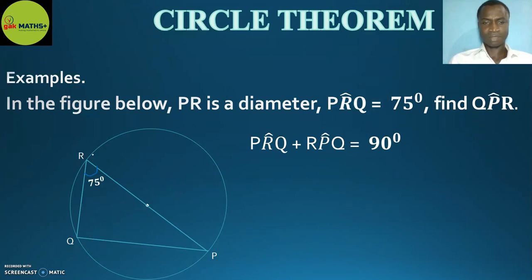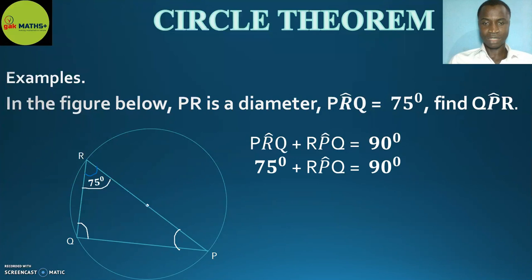We note that the angle formed at Q is a right angle. So we can say the angle formed at R plus the angle formed at P will also be a right angle. That is, their sum will be equal to 90 degrees.